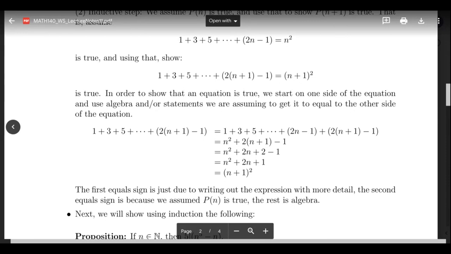What about the next one, n plus 2? The next one would be 2 times n plus 2 minus 1, and the next would be 2 times n plus 3 minus 1, and so on. So this is just a representation.